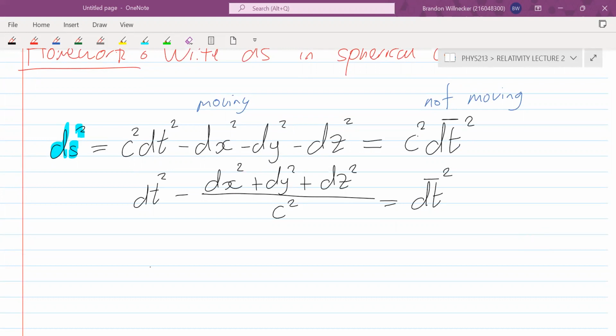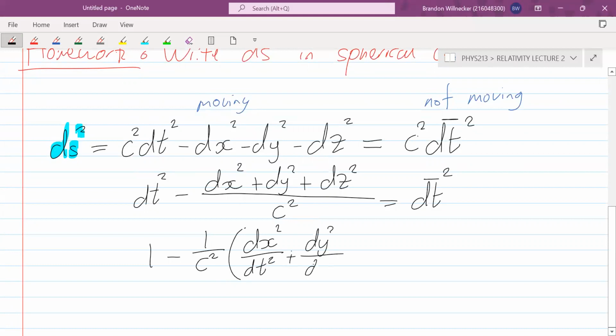So we're going to have 1 minus, taking the c squared out, dx squared over dt squared plus dy squared over dt squared plus dz squared over dt squared, equal to dt bar squared over dt squared.